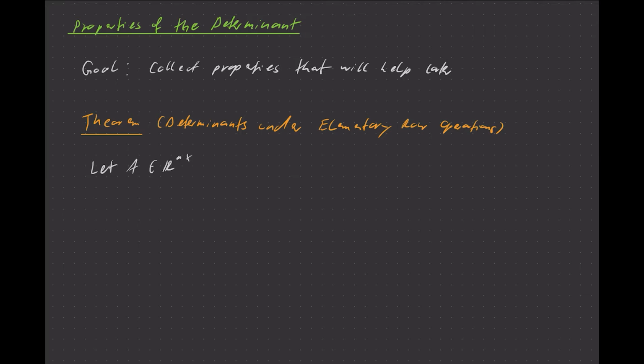So that's an n by n matrix. And let A bar also be an n by n matrix that is obtained from A through some elementary operation.